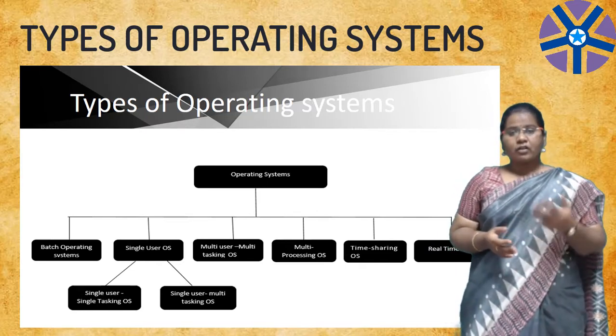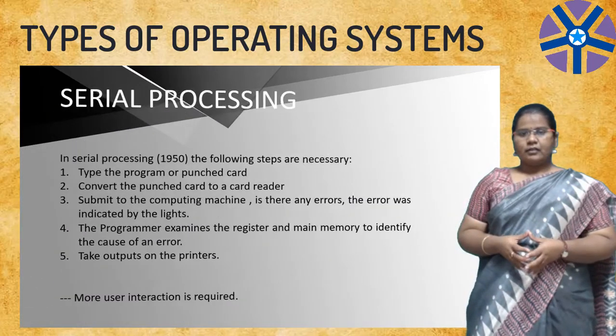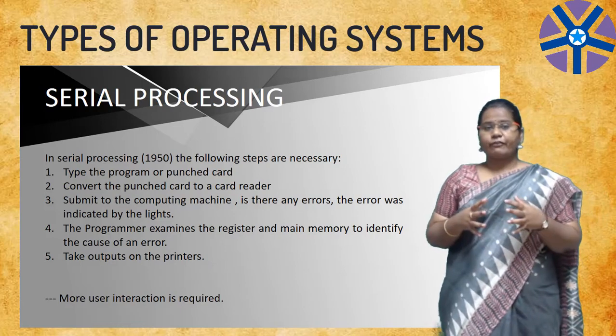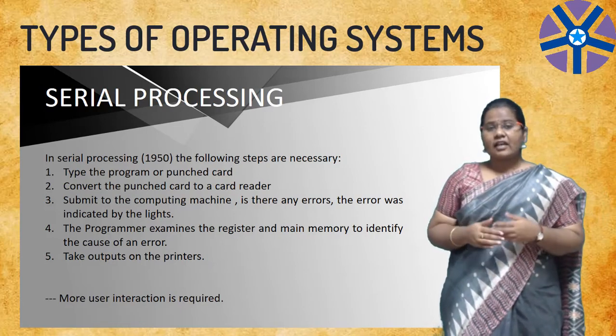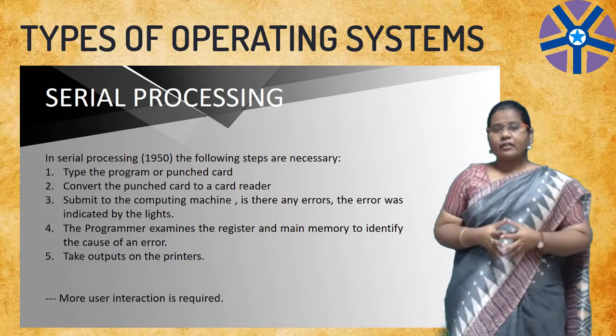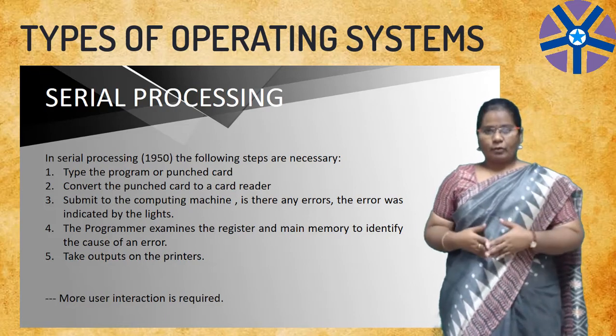Before going with the processing, actually the concept of operating system has evolved. Before the concept had evolved, we used to process the instructions in a computer through serial processing.